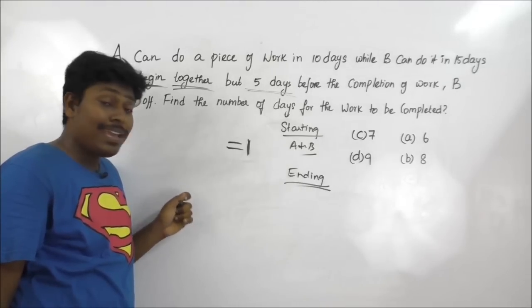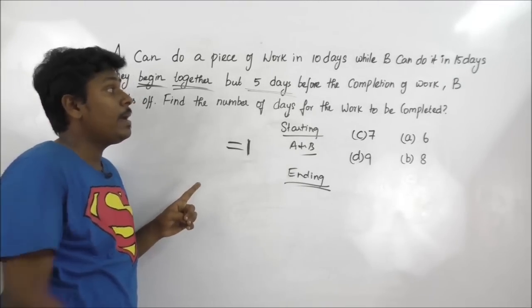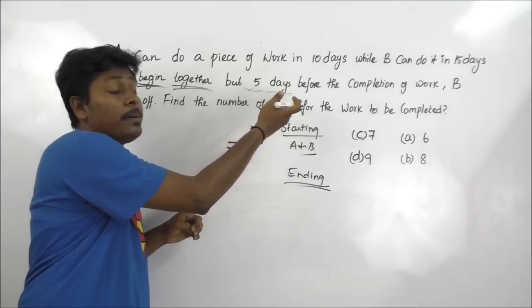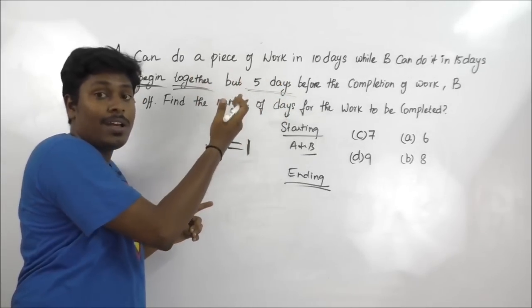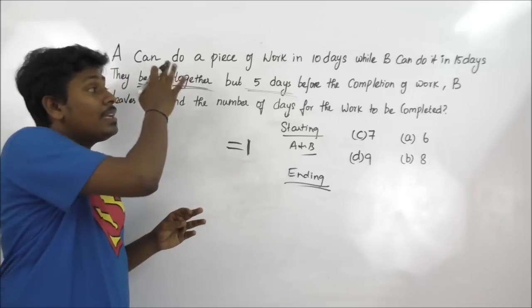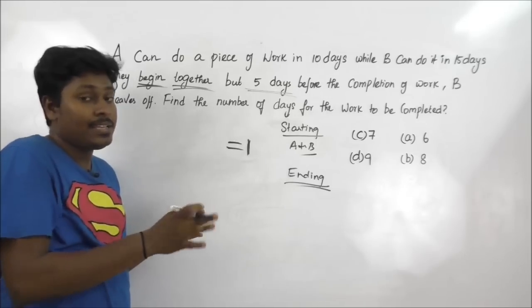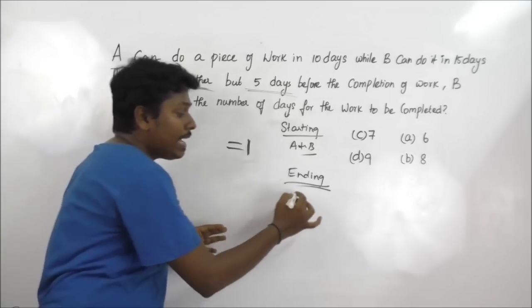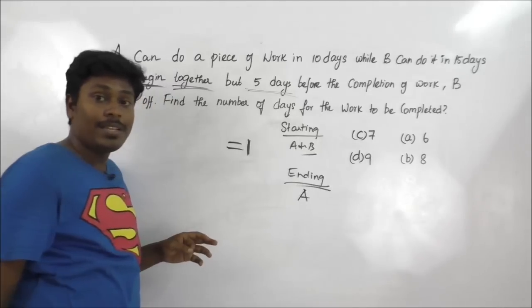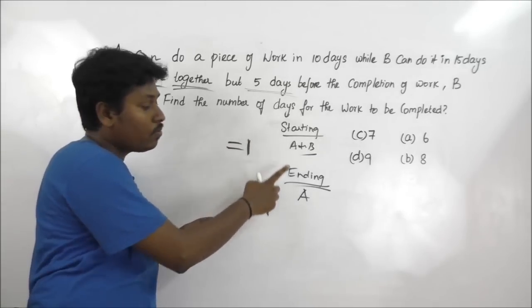So whether A is at the last or B at the last. So friends, when we see B, 5 days before the completion of work, B left. So from the starting till the end, B is not there. But see A, the person A is there from the starting until the end. He is not at all leaving, right? So the ending person is A. Got the idea? Our second target is to find who is from the starting and who is till the ending.